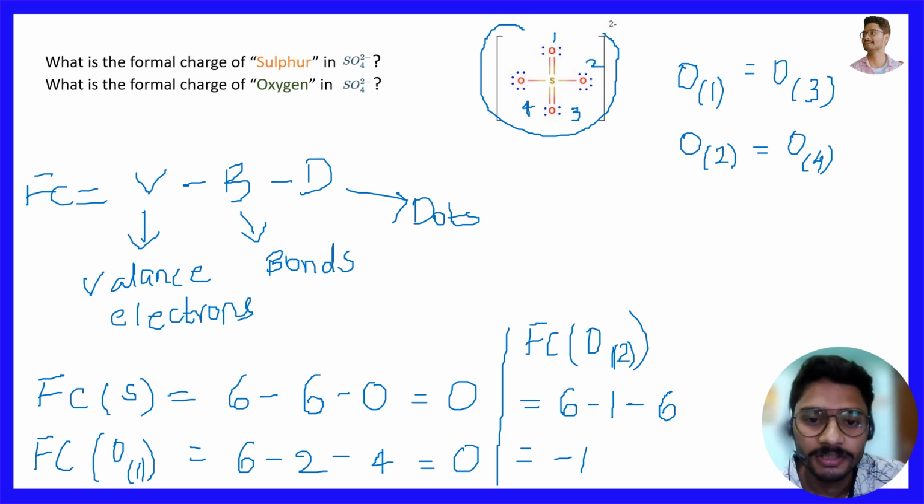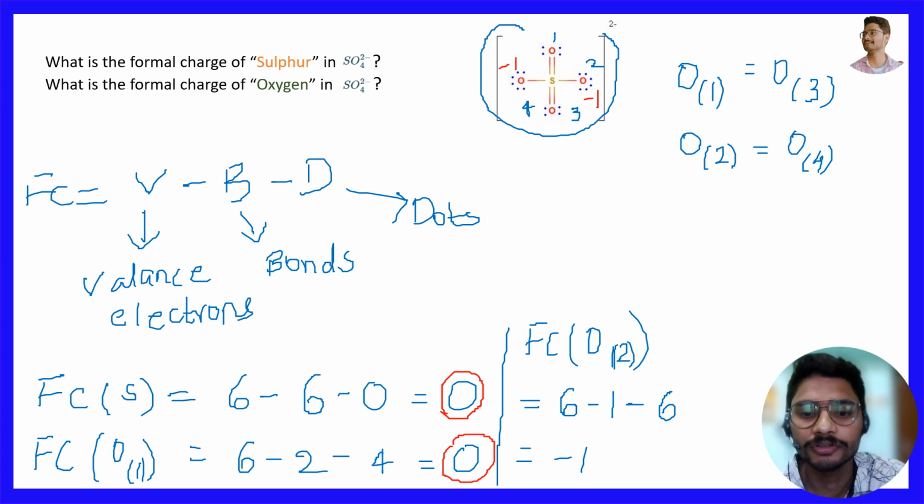So here this has minus 1 charge, and this oxygen is giving minus 1 charge. We have seen that the sulfur atom has 0 formal charge here. And the first and third oxygen atoms are also giving 0 formal charge. So they don't contribute any formal charge to the molecule.